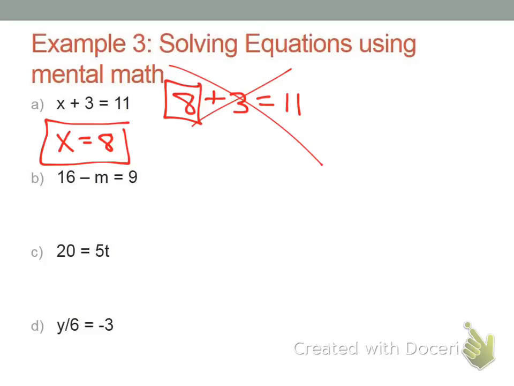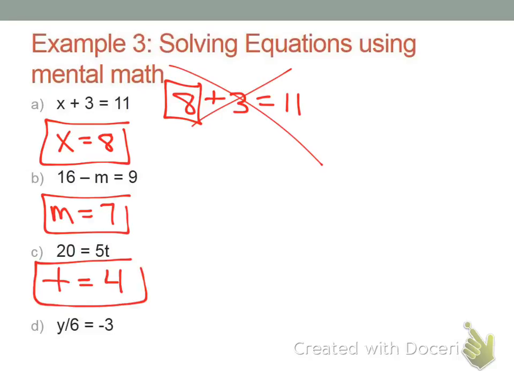This is mental math here. There's no work to show. All you write is the original problem, and then you box your answer. X equals 8. Don't just say 8. Say x equals 8. So on B, 16 minus what number equals 9? So M equals 7. Go ahead and solve C and D. All right, Jared, what'd you get for C? I got T equals 4.